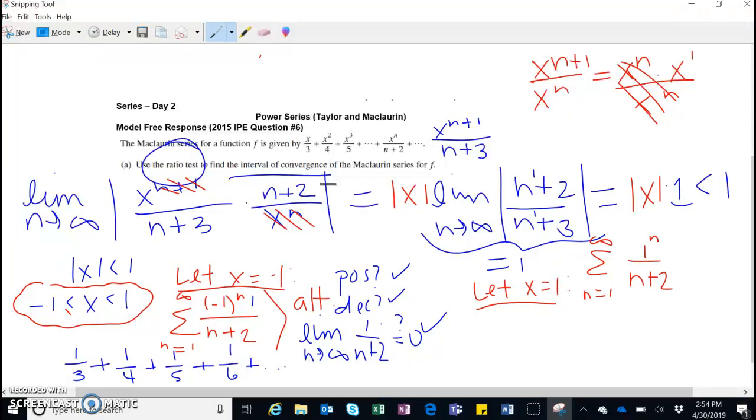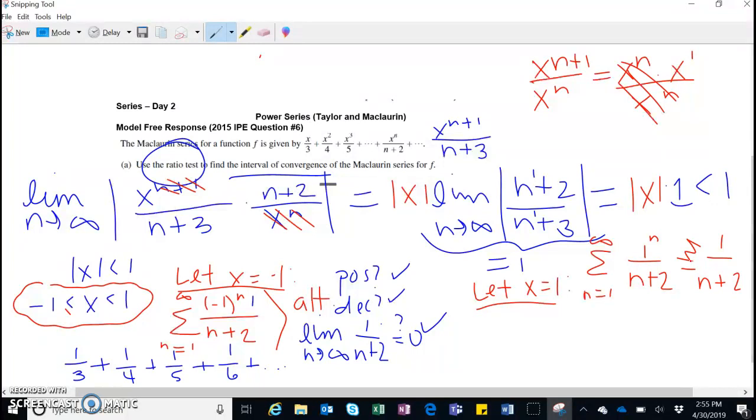So this kind of resembles some of the stuff that we talked about today in tutorials. If I've got that 1 over n plus 2, there are many ways to approach this. Oops, I forgot my sum, so go put it in there. 1 over n plus 2 is a pretty easy integral test. If I want to go that route, I can see the natural log that would kind of emerge from that.